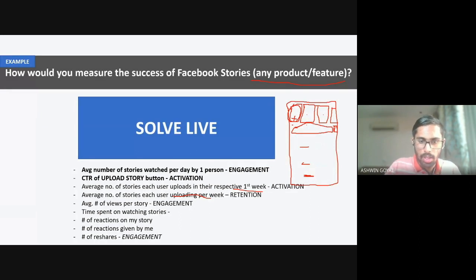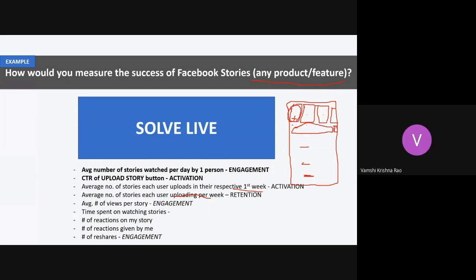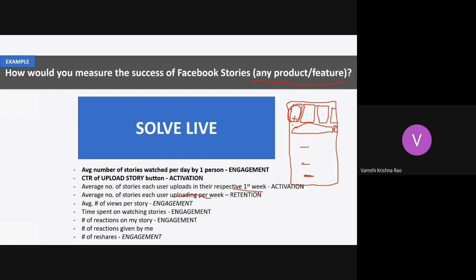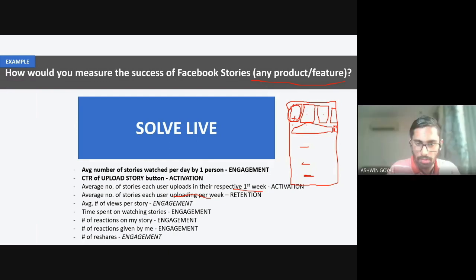What does time spent tell you? Which category does this belong to? Engagement. Correct. What does number of reactions tell you? Engagement. This is all engagement. Everything, all these things tell you about engagement.